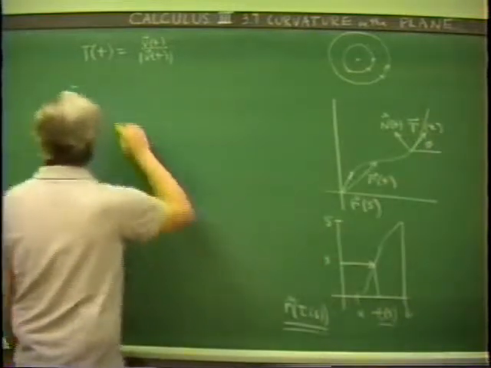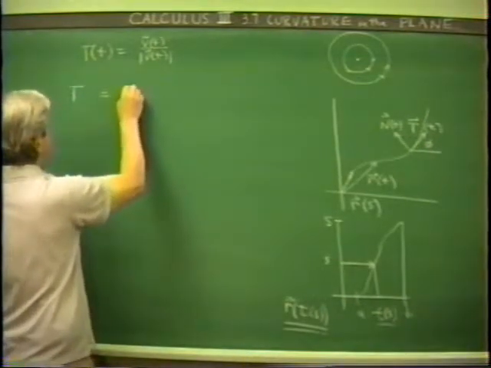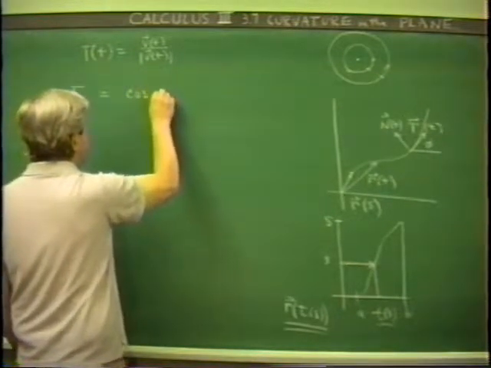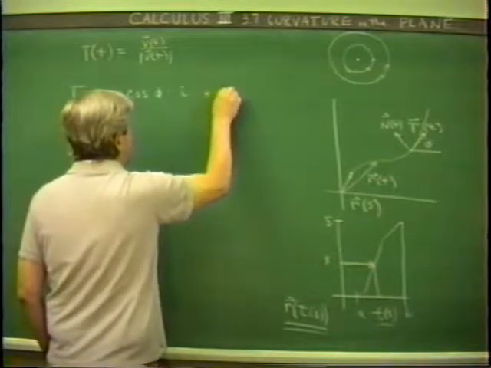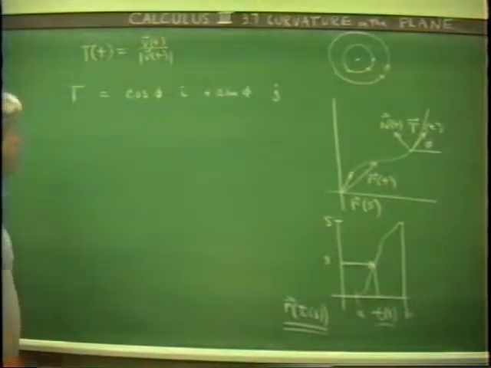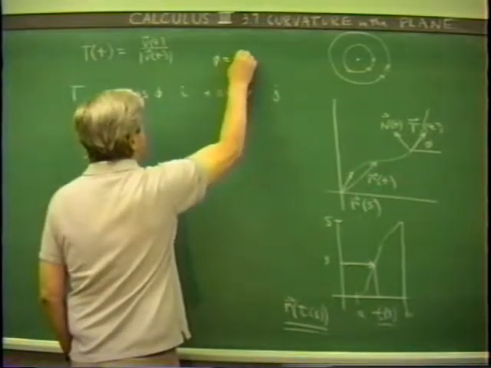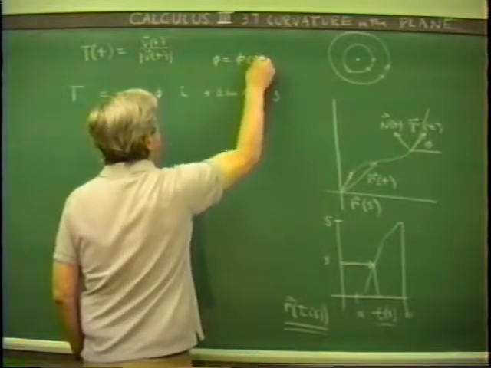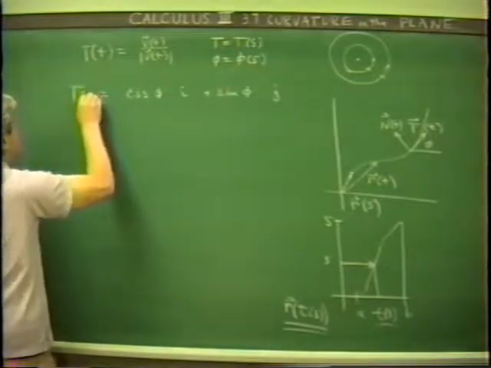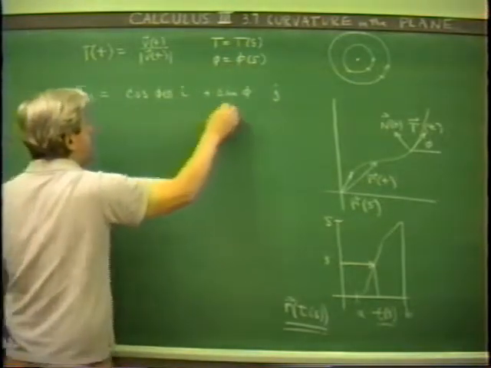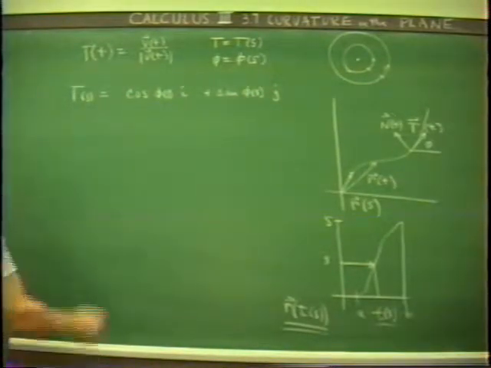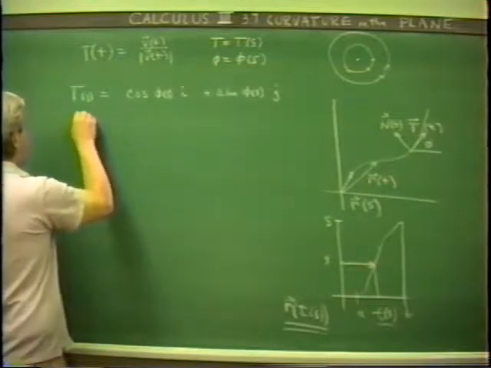Okay, we want to write T then in terms of this angle phi. T is equal to cosine of phi i plus sine of phi j, where phi and T are functions of s. If you want, we could put s in here: cosine phi of s i, sine phi of s j.